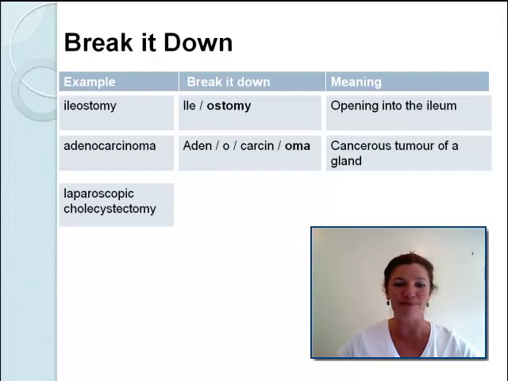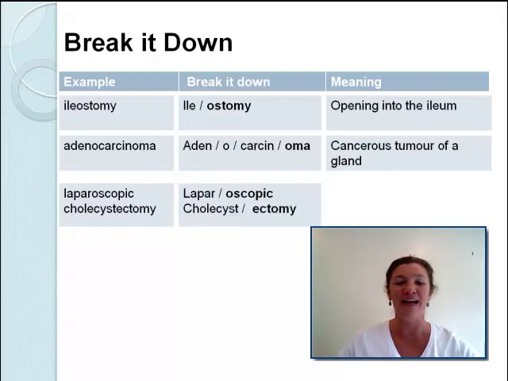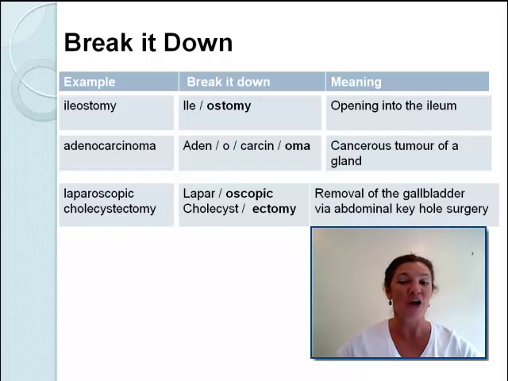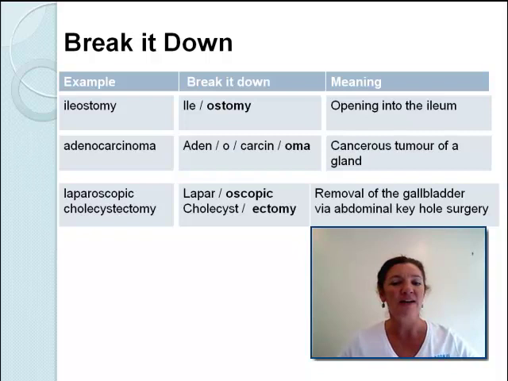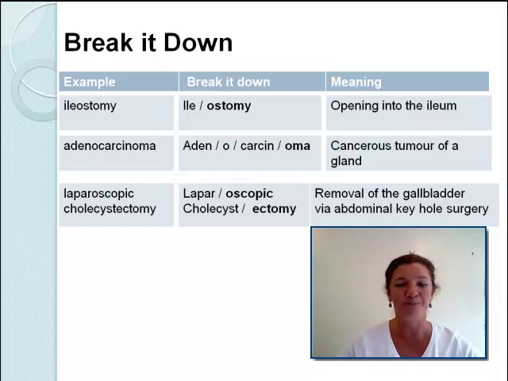Laparoscopic cholecystectomy. Let's break it down. Laparoscopic. The lapar is the abdomen, oscopic is our visual examination. Cholecyst is the gallbladder, and ectomy, removal of, so it means removal of the gallbladder via abdominal keyhole surgery. So if you think laparoscopy is the keyhole surgery going through the abdomen.